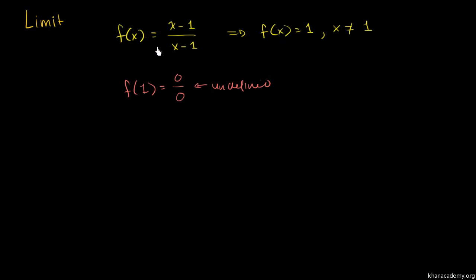Now this and this are equivalent. Both of these are going to be equal to 1 for all other x's other than 1, but at x equals 1, it becomes undefined. This is undefined, and this one's undefined. So how would I graph this function? So that is my y is equal to f of x axis.